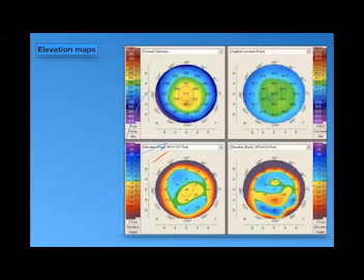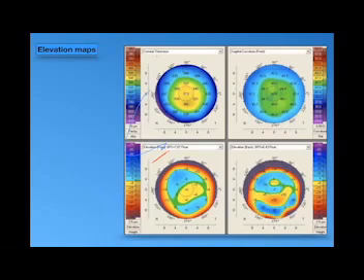Beyond +7, you will be suspicious. If you find a point more than +12, you have to highly suspect this anterior elevation. You will put a sign on it: there is abnormal anterior elevation at this point.